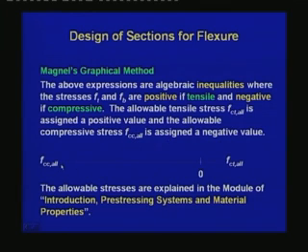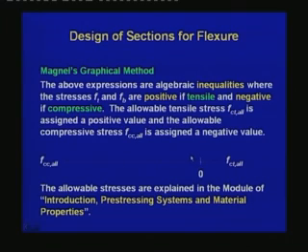Thus, if we plot the stress value in an axis, the FCT allowable is the allowable tensile stress, and it is assigned a positive value which falls on the right side of the 0 value, and FCC allowable is the allowable compressive stress which is a negative value, and it falls on the left side of the origin 0.